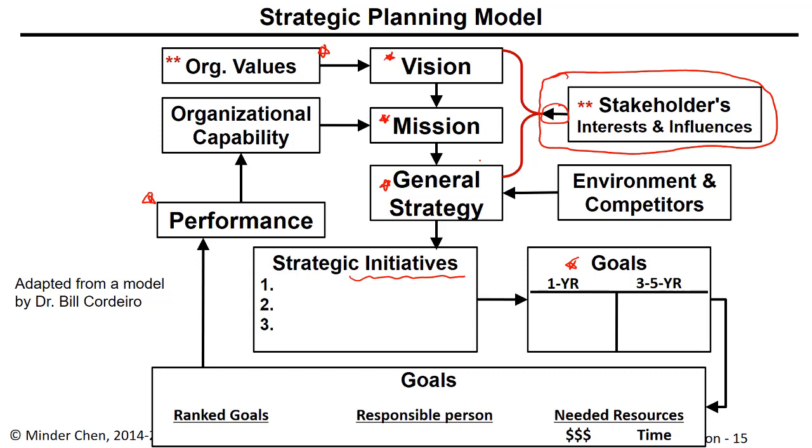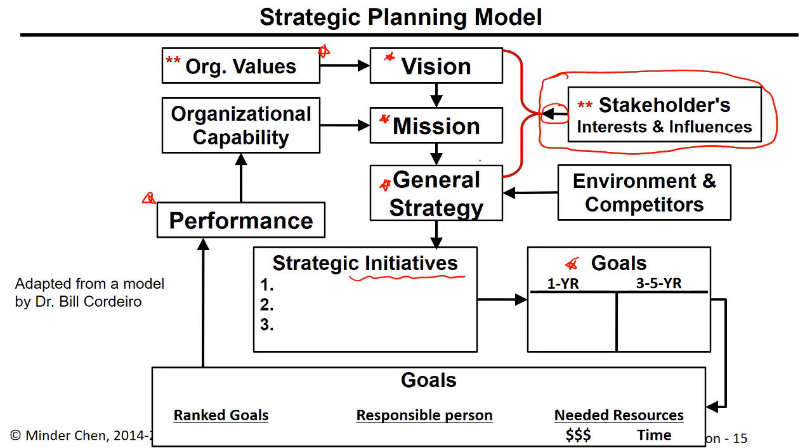Just briefly, the definition for stakeholder: a stakeholder is any individual or organizational unit, internal or external, who may influence your business and your business decisions. That's why we need to keep them in mind when we develop our vision, mission, and strategy.